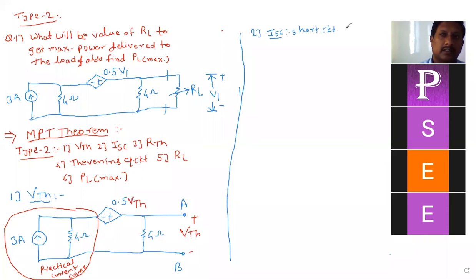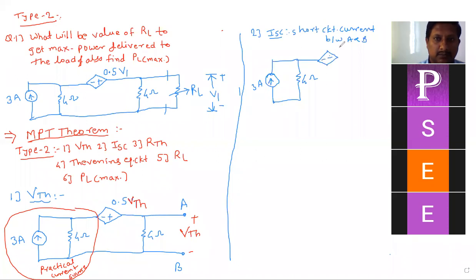Short circuit current between A and B. So 3 ampere, or sorry, you can consider 3 ampere in the original circuit. This has a 4 ohm.